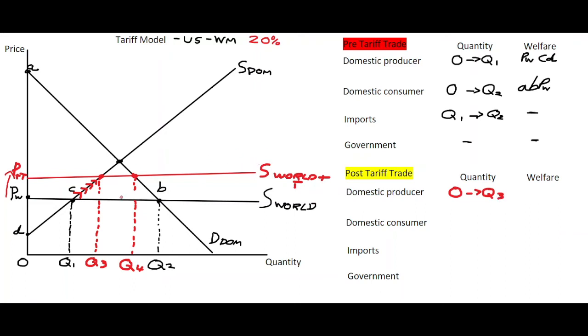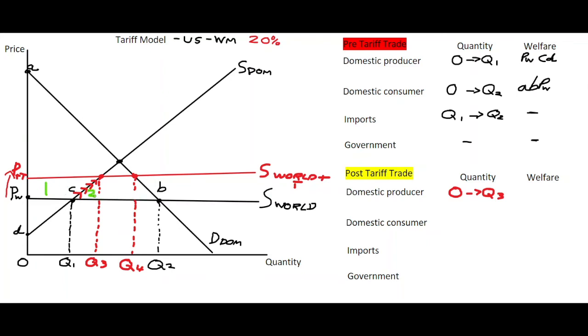The welfare in this case here has also increased. It used to be the little small triangle between PW, C and D, but now they have gained welfare. So what I'm going to do is I'm going to put in a couple of numbers here so we can talk about the welfare effect. So I'll put in 1 to represent this area here.